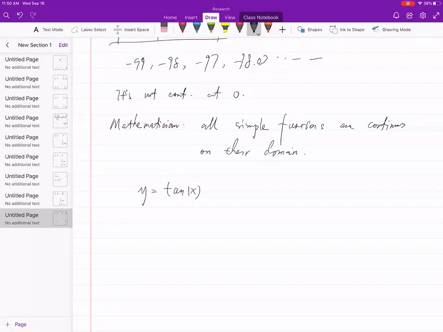Sounds good? That also means this one is continuous as long as you exclude the domain. So at every point except for x equals n pi, where n equals 0, positive and negative 1, positive and negative 2, and so on. Actually, 0 should also be included.